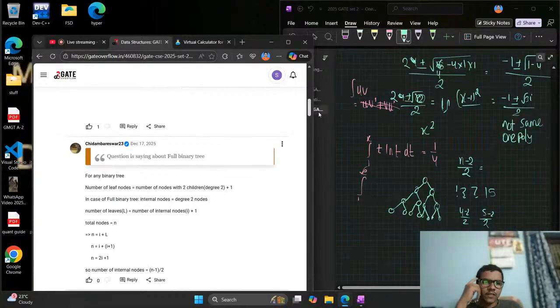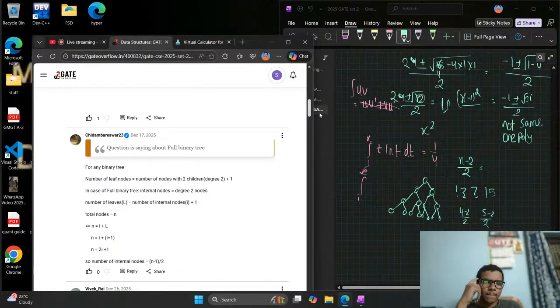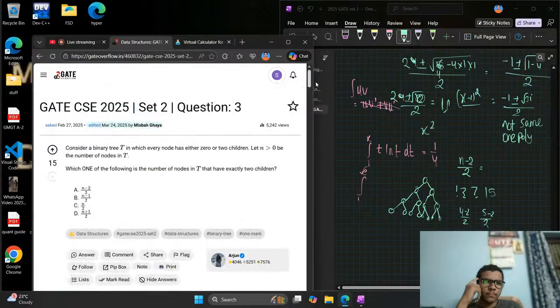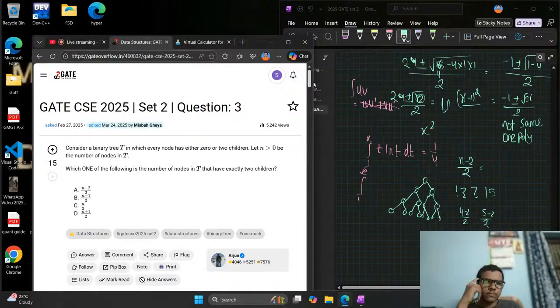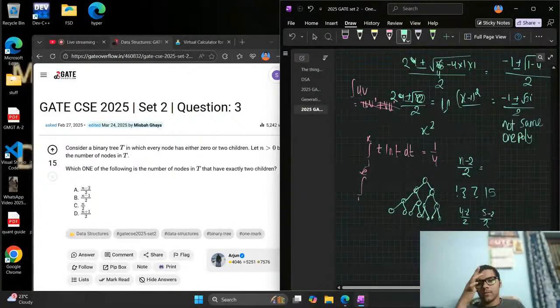Yeah, full binary tree, I have understood that. Number of nodes that are having exactly 2 children.